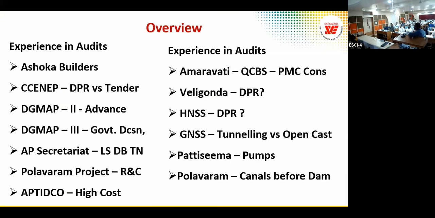Next is the DGMAP phase 3, a government decision. This also again, I am an affected party. I got all the mistakes in phase 2 corrected in phase 3 by interacting with the Director General. I was very happy. We made QCBS for consultant and everything went on well.